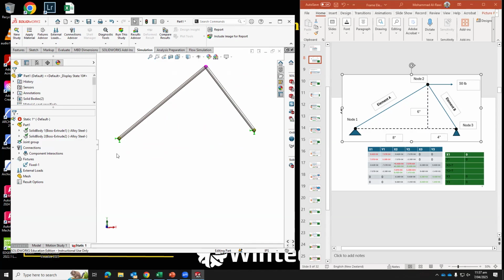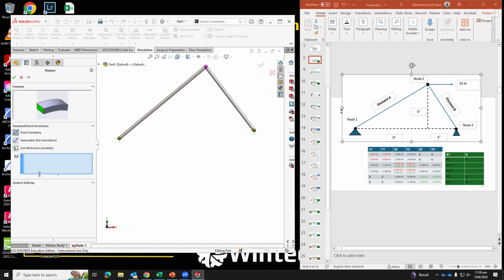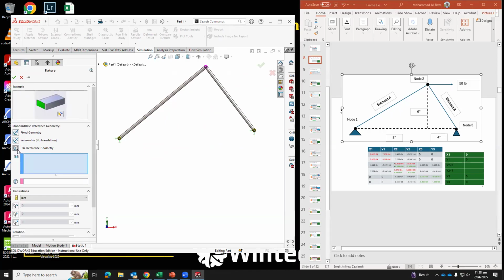After the fixed, what we do is we use another fixture, but use reference point. So right-click on fixture, fixed geometry. Here we use reference geometry. The joint will be that one, the joint 5-1, the middle one, not 2 in our example.